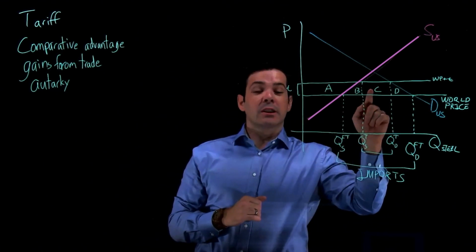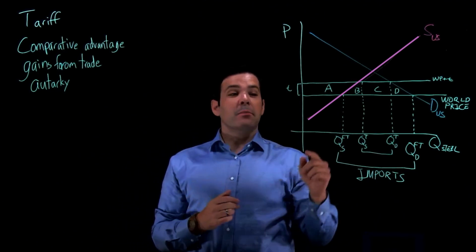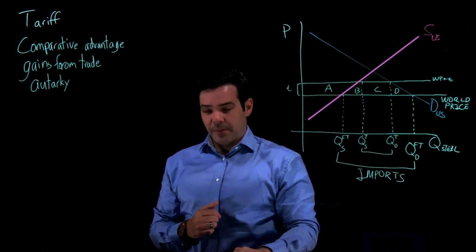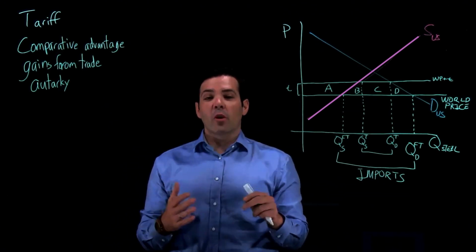A plus B plus C plus D is the loss of consumer surplus, and it's obviously much more than the gains to producers.